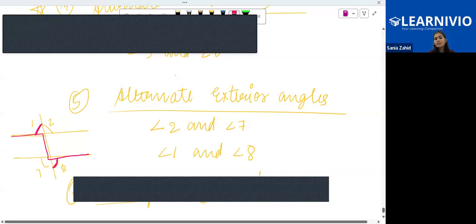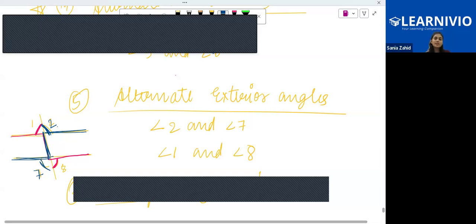So these are alternate exterior angles. But if you draw the Z like this, which angles are touching it? You have angle 2 and angle 7. So angle 1 and angle 8 are alternate exterior, and angle 2 and angle 7 are also alternate exterior.